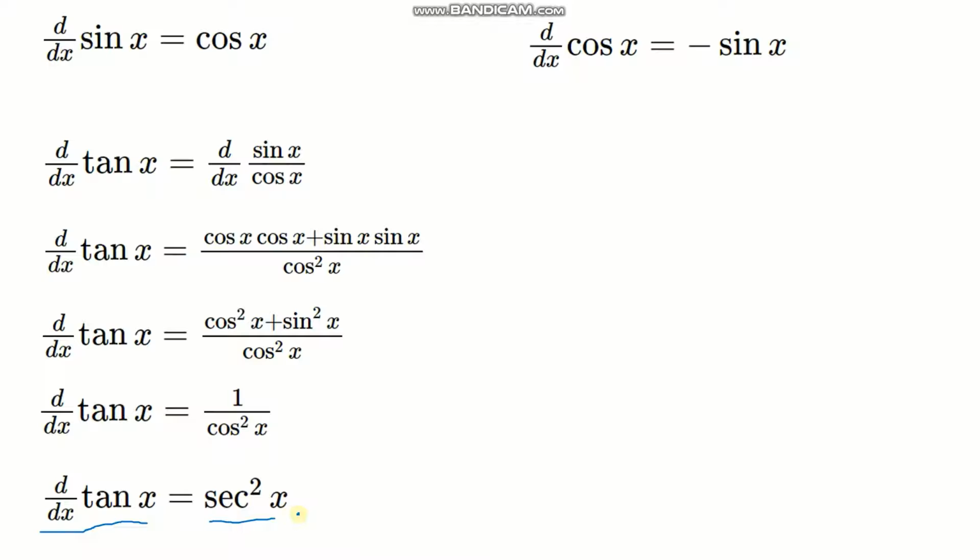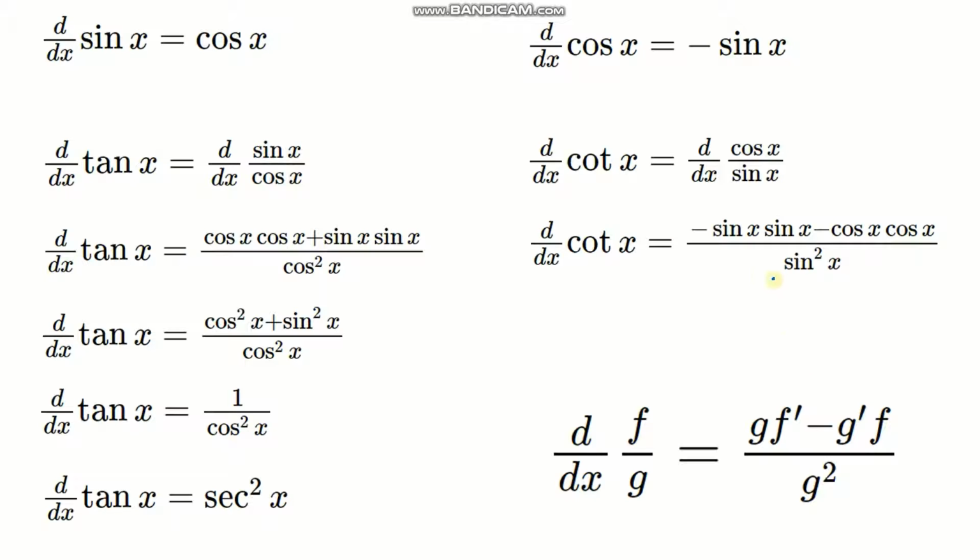We proceed to the derivative of cotangent x. Cotangent x is the same as cosine x over sin x. Using the quotient rule again, we square the denominator, sin squared x, times we keep the denominator sin x times the derivative of cosine x, which is negative sin x.